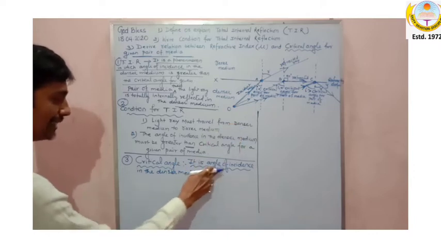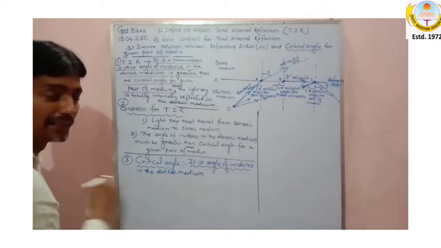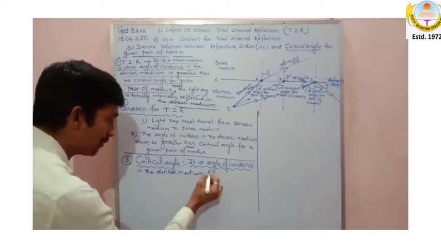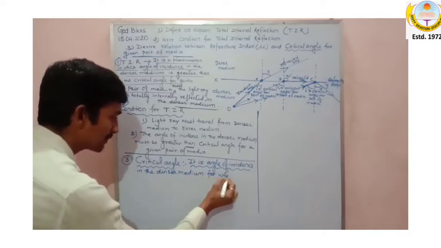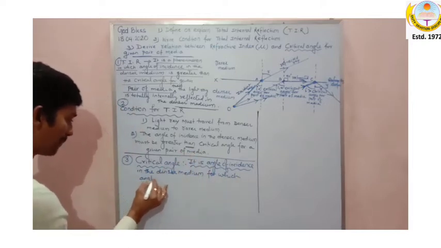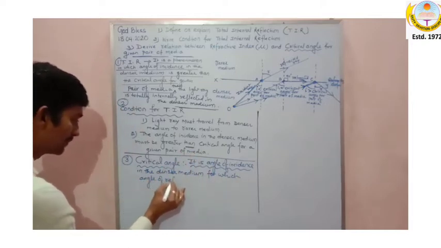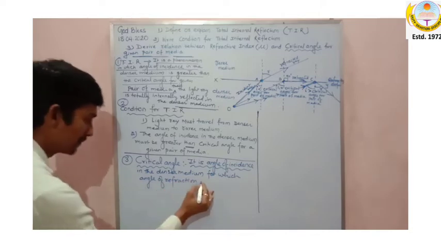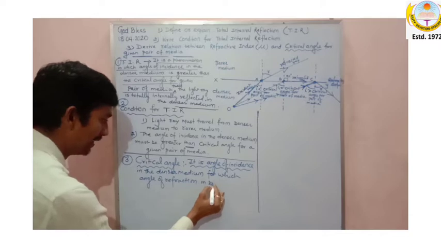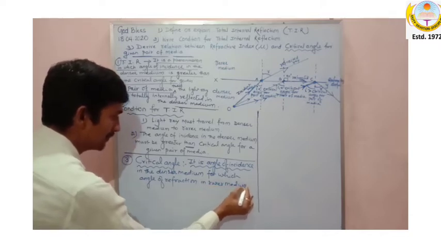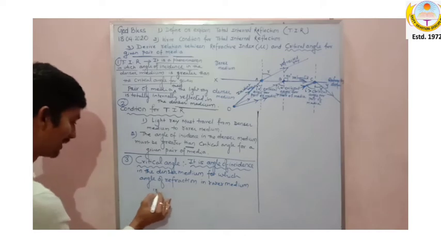So the incident angle will be made in the denser medium. It is the angle of incidence in the denser medium for which the angle of refraction in the rarer medium is 90 degrees.